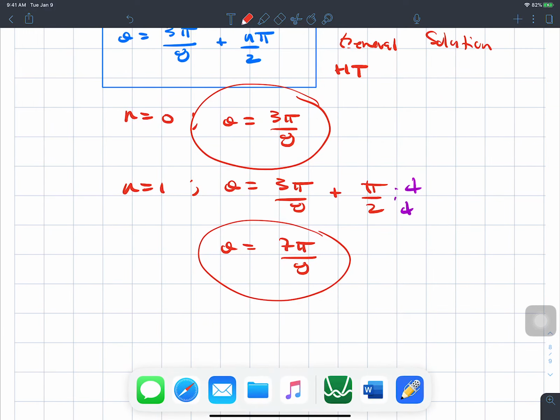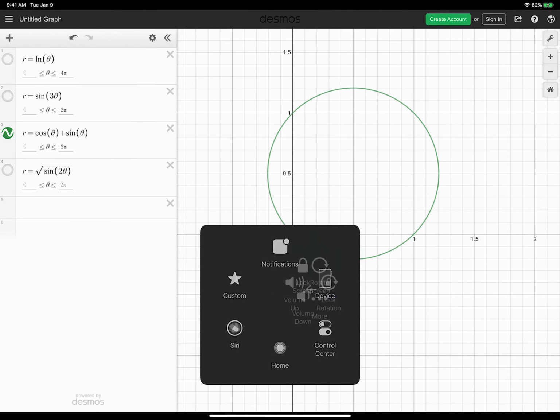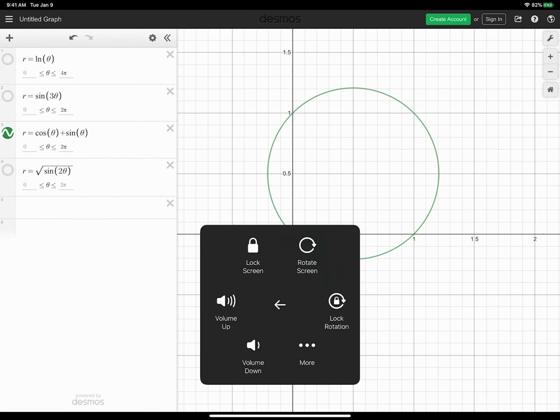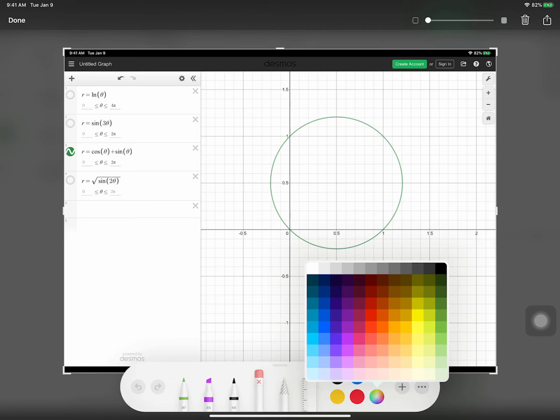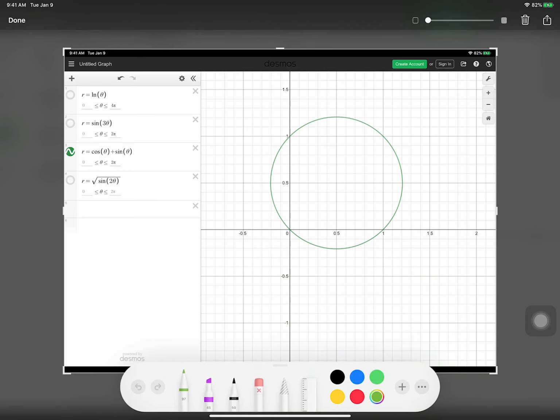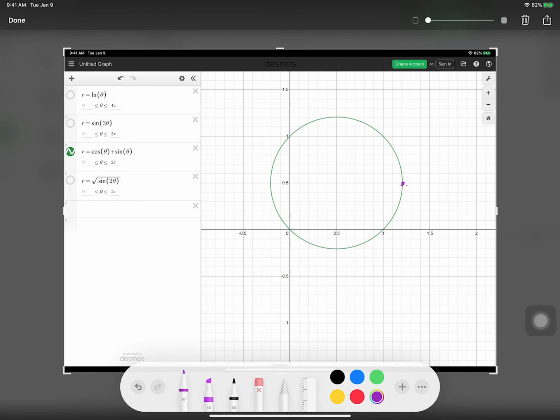So if I go back to the picture again, we got a couple of solutions for those horizontal tangents. Right up over here, I think we're using purple. This location, this location.